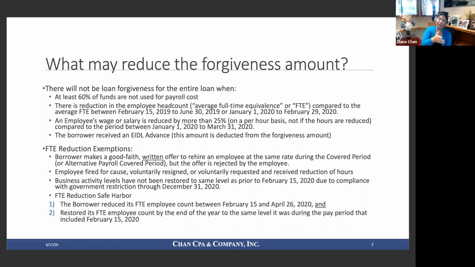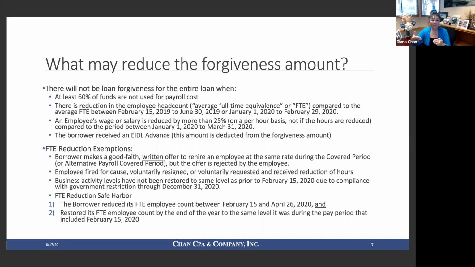So to the extent that you do not have enough forgiveness amount, please still remember, don't fret. It still is a loan. It's a business loan, and it's a pretty decent, reasonable interest rate at 1% with a 2-year or 5-year period of time for payment.